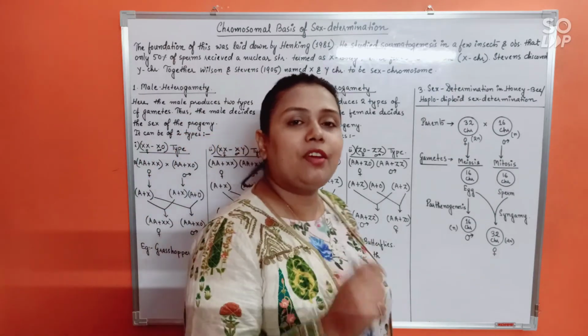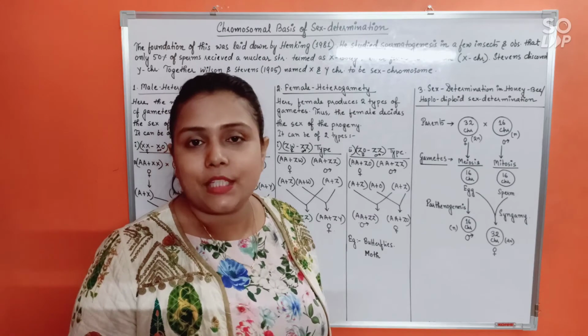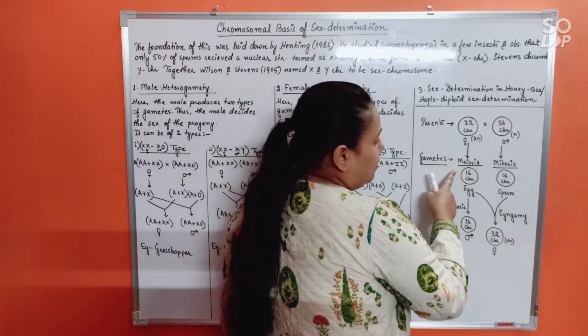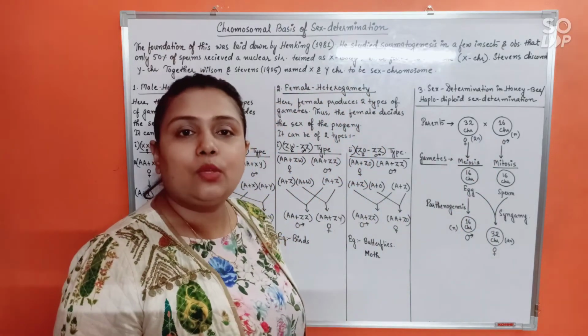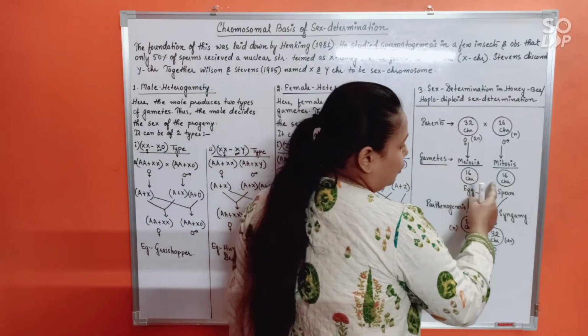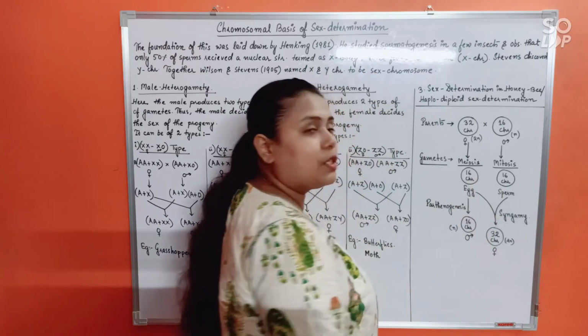Alright, that's a very, very interesting or important thing about the haplodiploid sex determination that you should remember. The female produces gametes by meiosis, whereas the male produces it by mitosis. Alright, so the resultant gametes will have 16 chromosomes. 16 chromosomes in the egg, 16 chromosomes in the sperm.